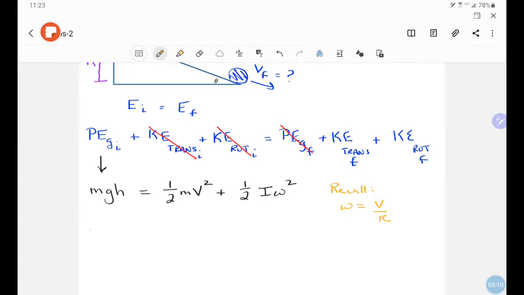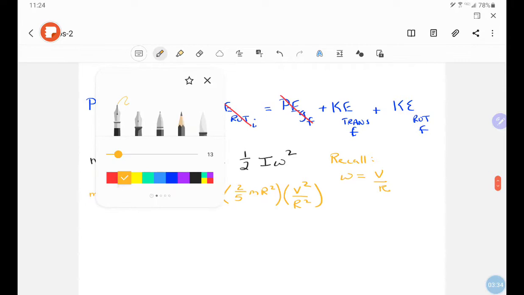So we have mgh equals 1/2 mv squared plus 1/2 times 2/5 mr squared times v squared over r squared.